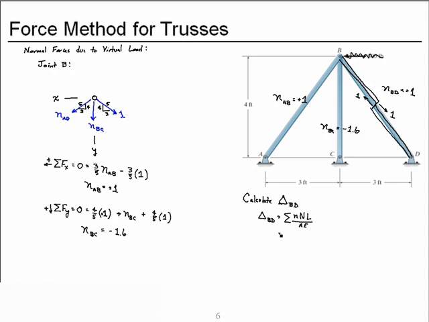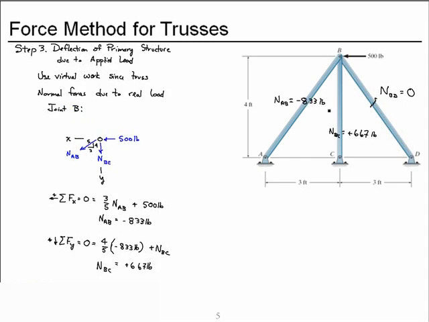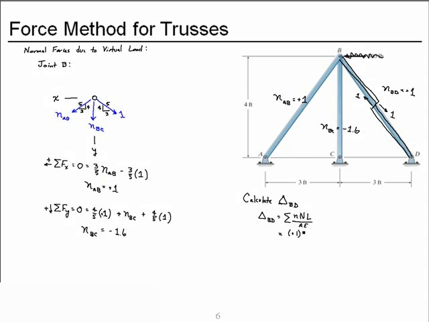And in this case, we have a virtual force of +1, our normal force in member AB we found to be negative 833 pounds, member AB is 5 feet long.